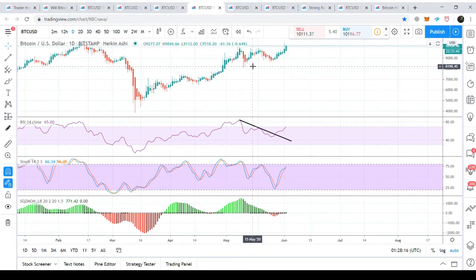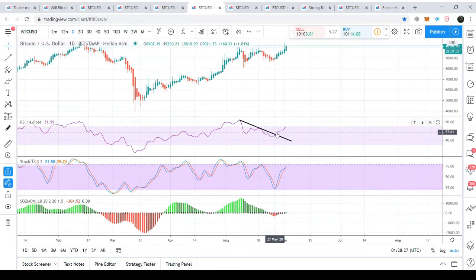It will give priority to the trend of the RSI. And we can see that at this time the RSI has broken out of the downtrend. It was in downtrend, and now it has broken out and is moving towards the overbought zone, and the price action is also following the trend of the RSI.